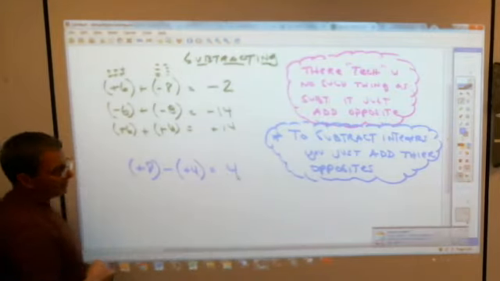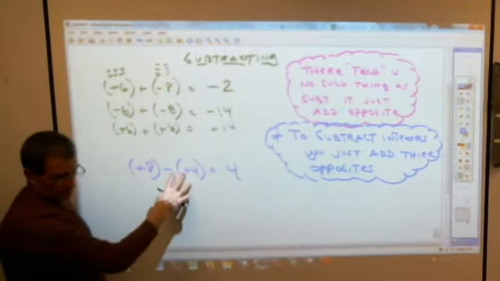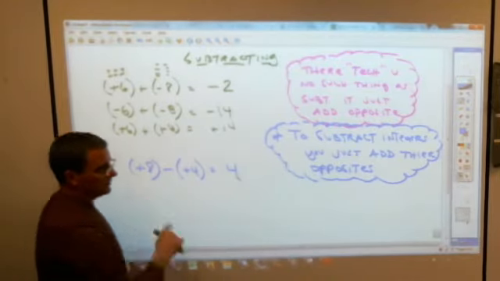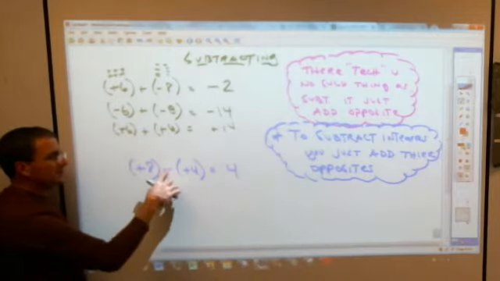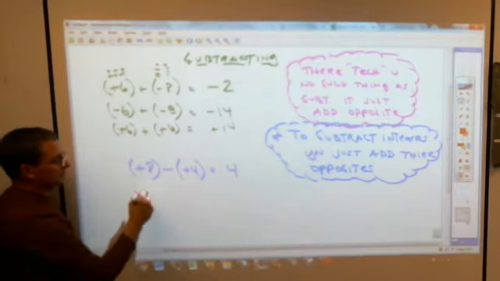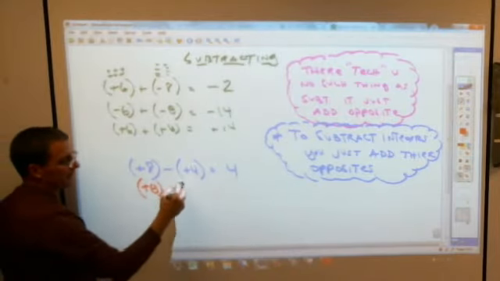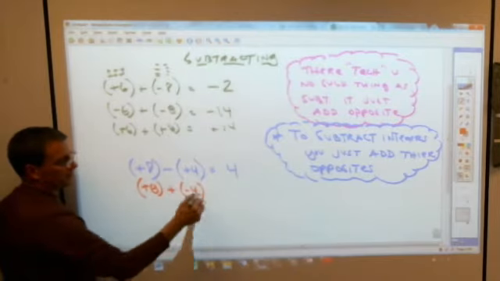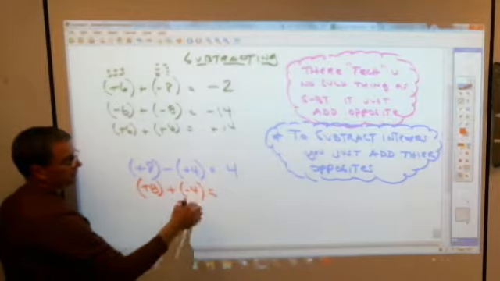Now, in the mathematical world, there's no such thing as subtraction. The first number stays the same, and I add the opposite. The opposite of positive 4 is negative 4. I'm adding negative 4. And a positive 8 plus a negative 4 is 4.